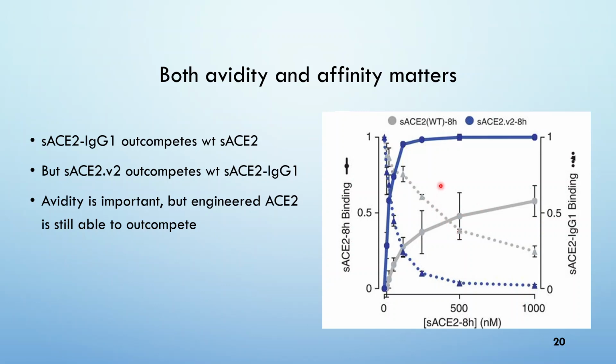The engineered monomer, shown here in solid blue, is still able to outcompete this wild type IgG fusion. So avidity is important, but affinity still matters. Both are needed.